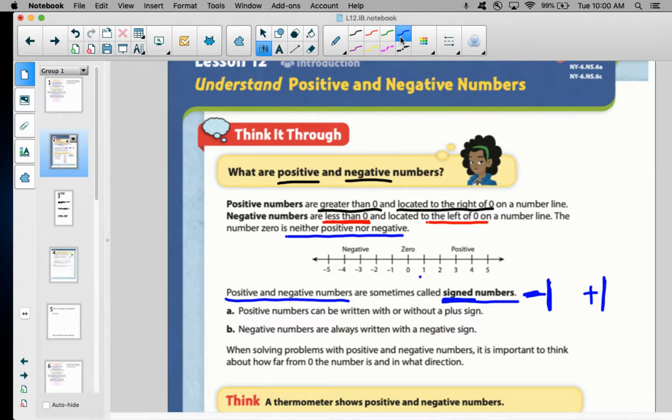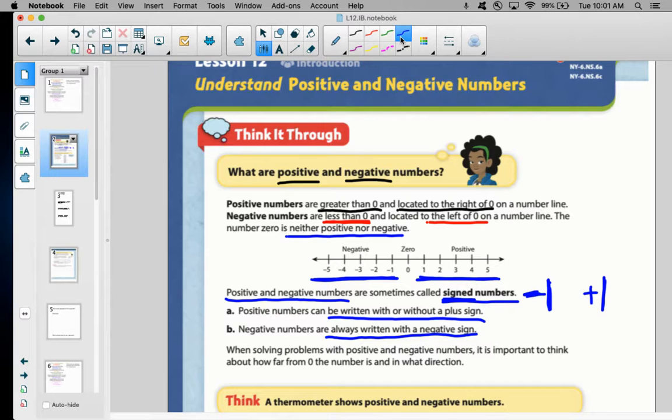However, sometimes you'll notice on this number line, the numbers do not have a positive sign, and that is okay. But it is not okay to have a negative number without that indication that it is negative. So negative numbers are always written with that negative sign. Positive numbers can be written with that plus sign, but it can also be without it.